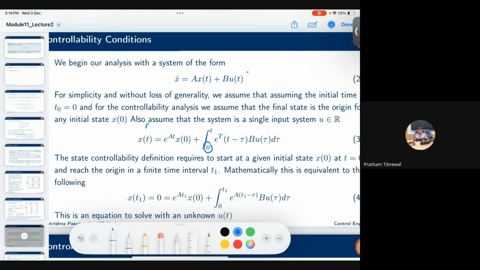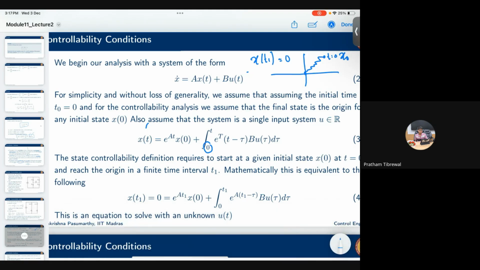Say this is my entire state space in which I want to control: I start from this point and go in whatever way to the origin. At t equal to 0 I have some initial condition x naught, and at t equal to t1, which is finite time, I assume I come to the origin.